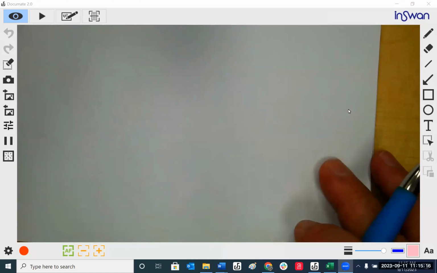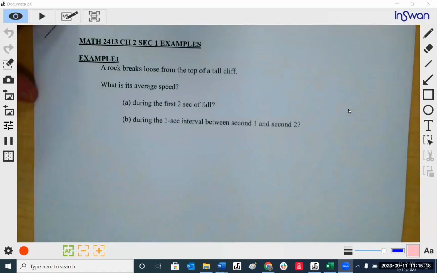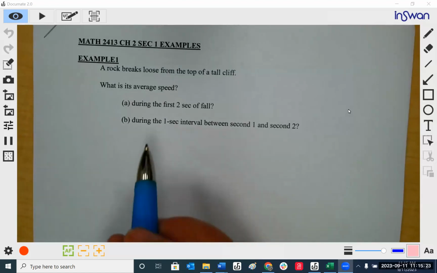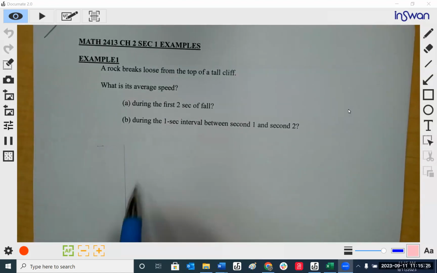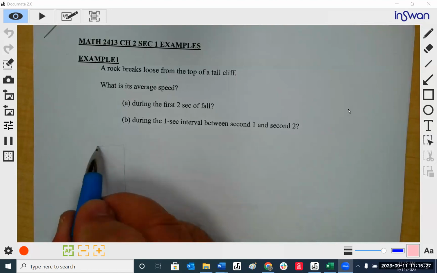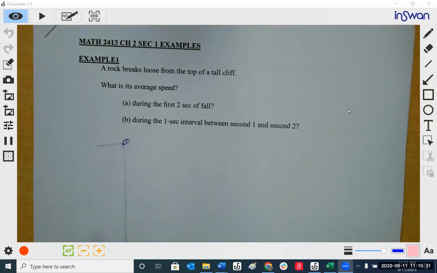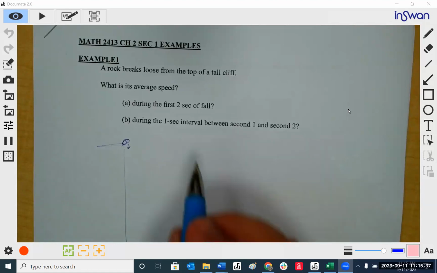Here's an example. A rock breaks loose from a tall cliff. Here's the rock. It breaks loose. What is its average speed?